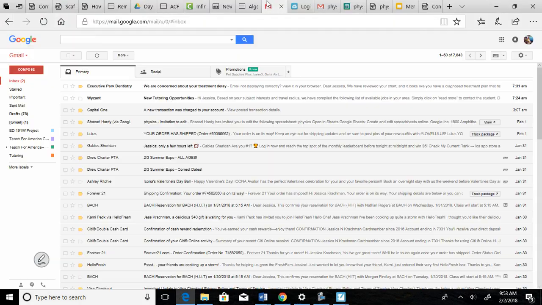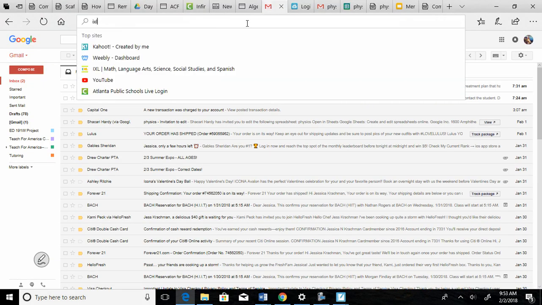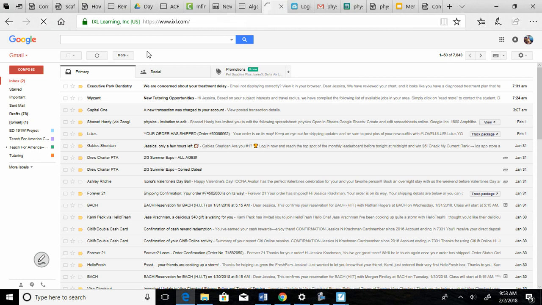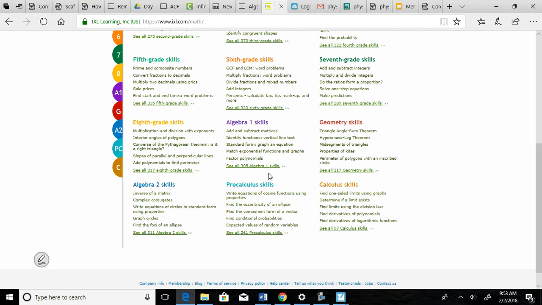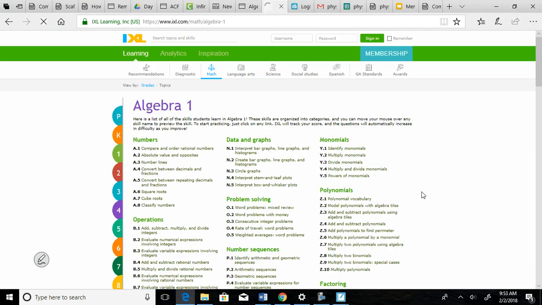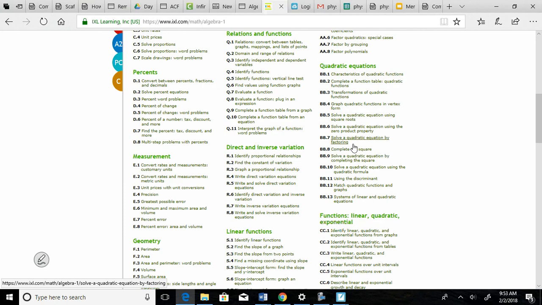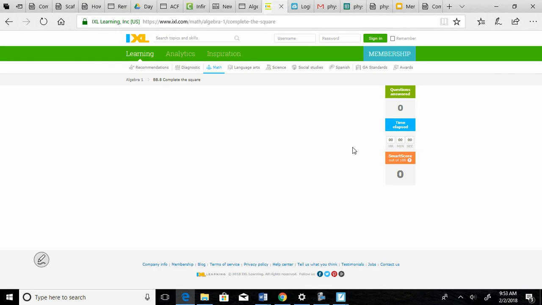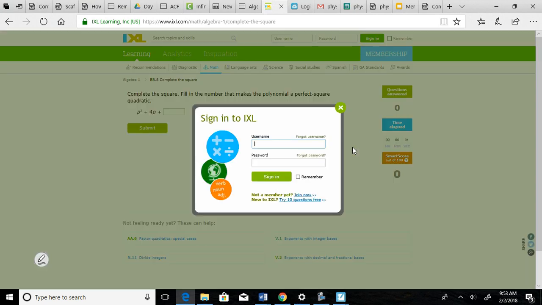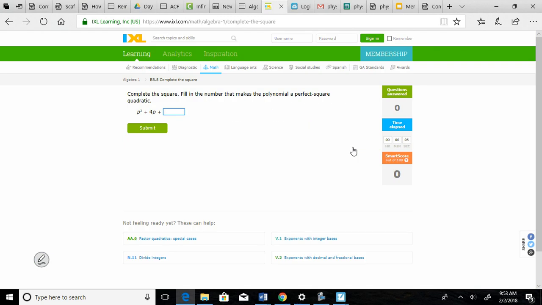Let me turn it up. And so BB8 is right here. It says complete the square. And this is actually your first question on your mini quiz too. So all you're doing right here is completing the square.